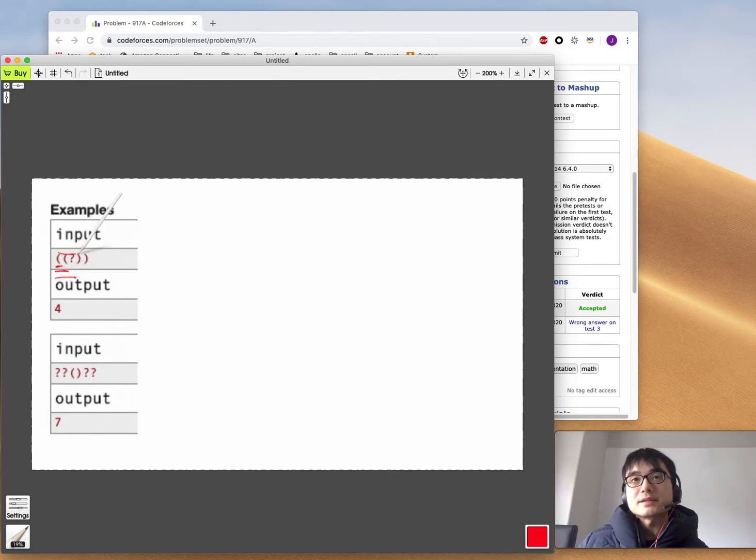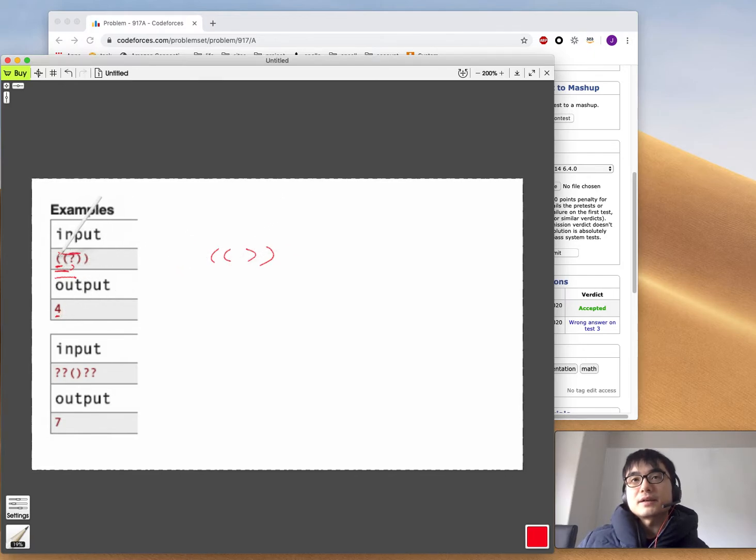What about this one? For this one, if we replace the question mark with the right parenthesis, then the result substring is valid, right? Two left parentheses and two right parentheses, it is valid. So that is one of the valid substrings.